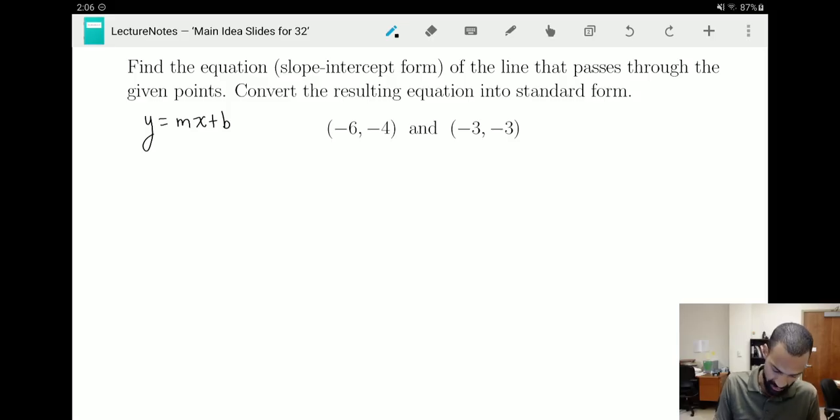So usually our first step will be to find m. Find the slope. Remember, you have a slope formula. Just think back. y2 minus y1 divided by x2 minus x1.